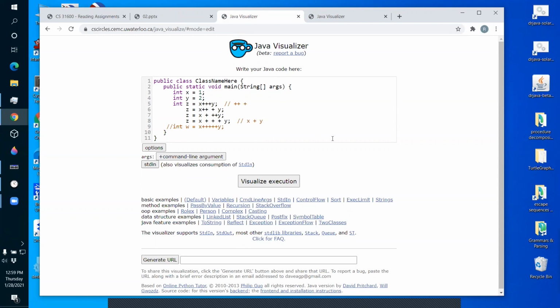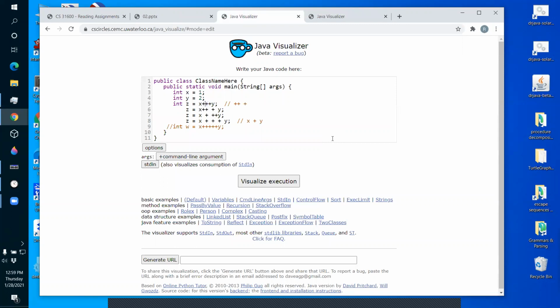Now notice that this could be 3 pluses in a row, which could be tokenized either this way or this way. Java does it this way because of a rule in Java: you always build the largest token you can.